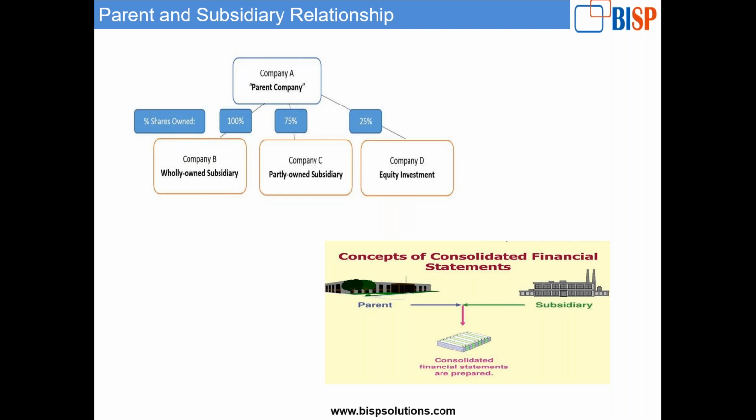And in case the company takes ownership by less than 50%, like here, company A has taken the acquisition in company D by 25%, they will follow the equity method of consolidation.